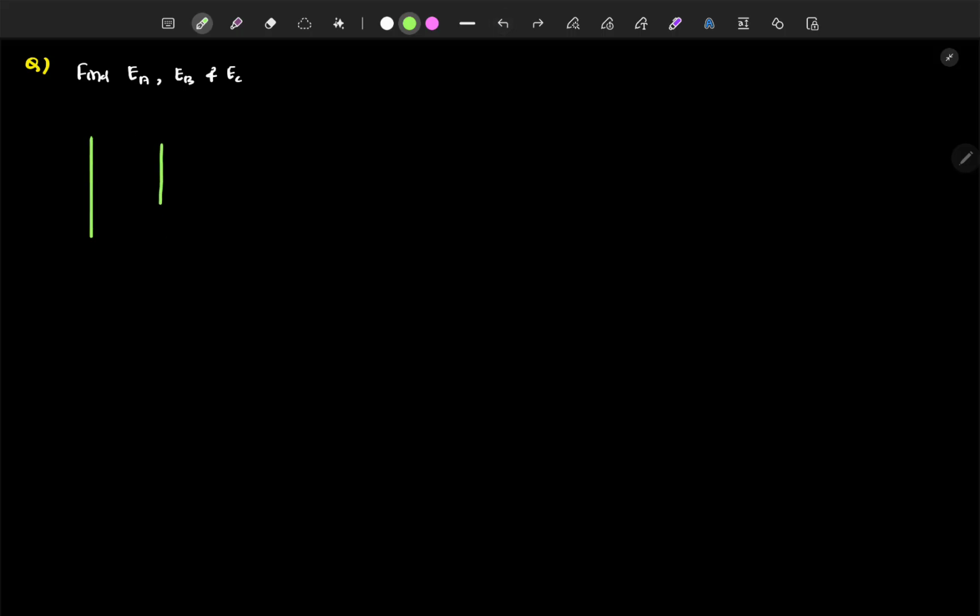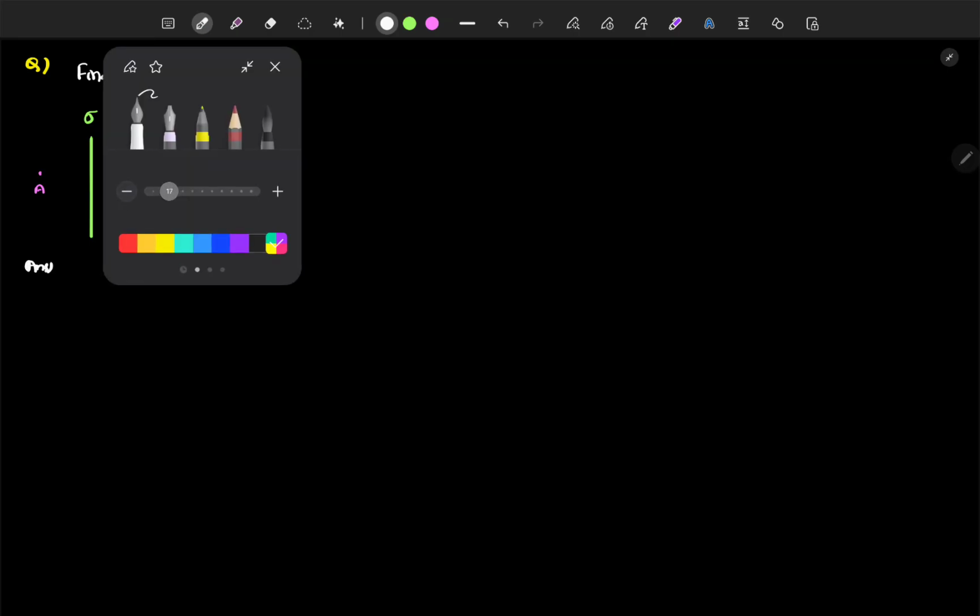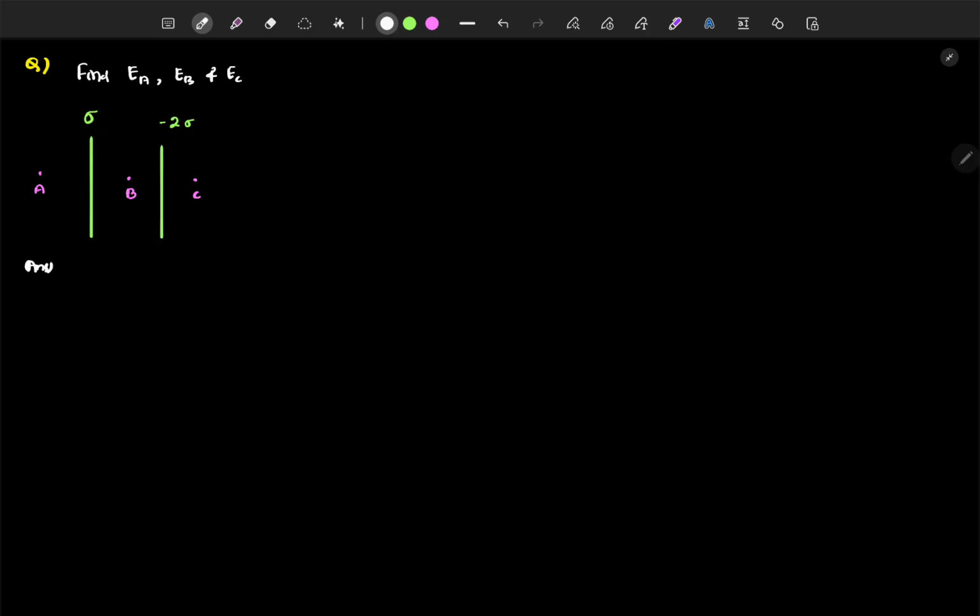This is the figure given, and in the first plate the surface density is sigma, for the second plate the surface density is minus 2 sigma. The points given: this is point A, this point is B and this point is C. I hope this question is clear to all of you. Now let's start to solve the question. Answer. So first, we have to draw the diagram.